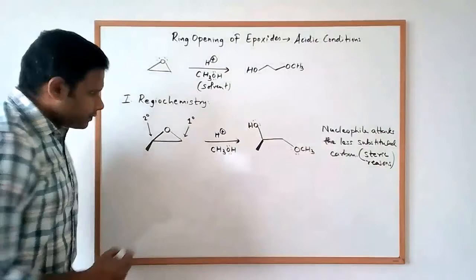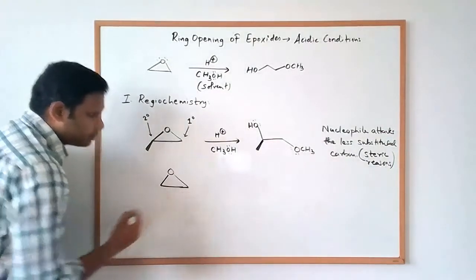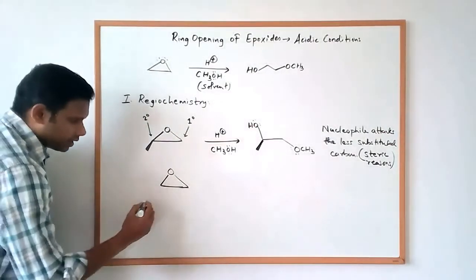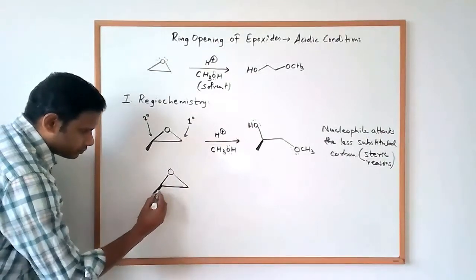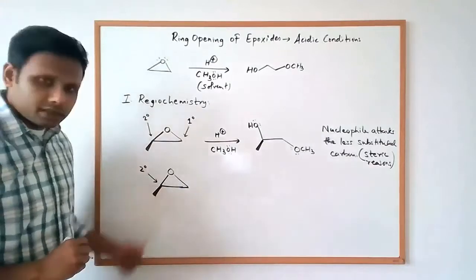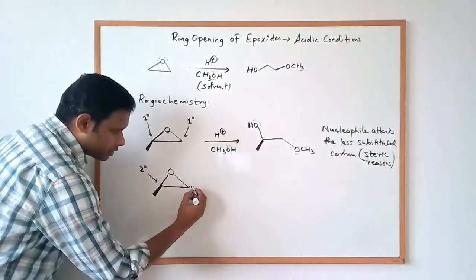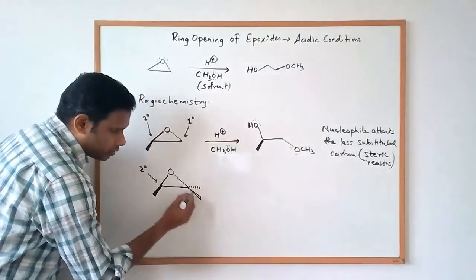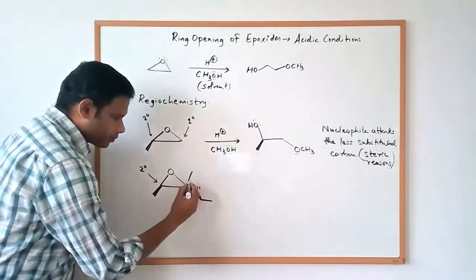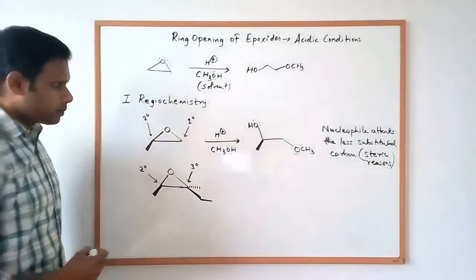Okay, what if our epoxide, or what's been observed is that if our epoxide has a secondary carbon, so I'm going to keep that the same, it's secondary on the left-hand side, and a tertiary carbon, let's say. So I'm going to draw in an epoxide where there is a secondary carbon and a tertiary carbon in the epoxide.